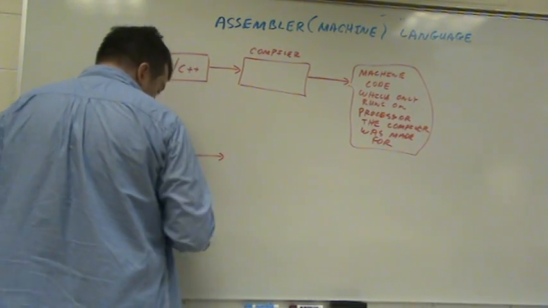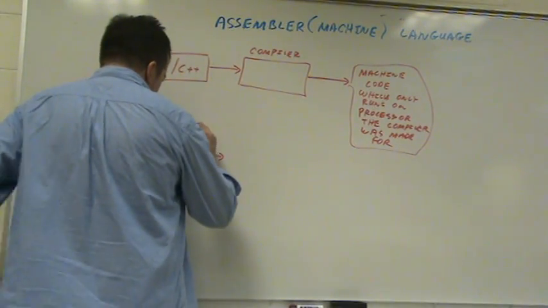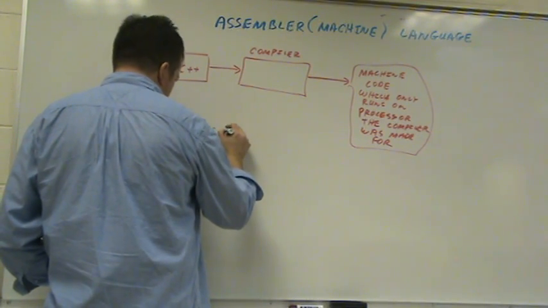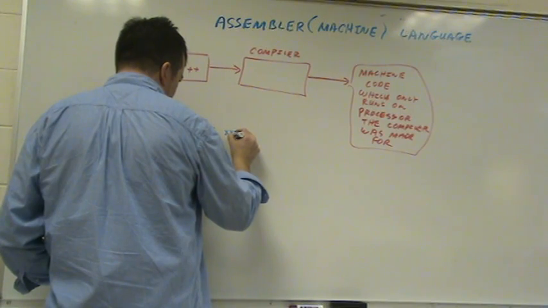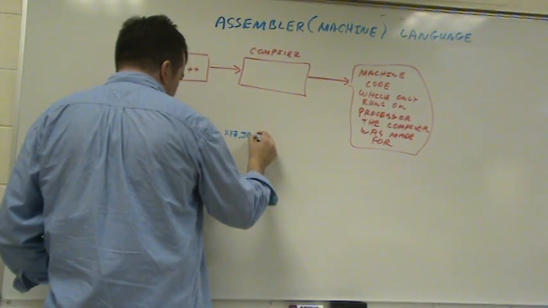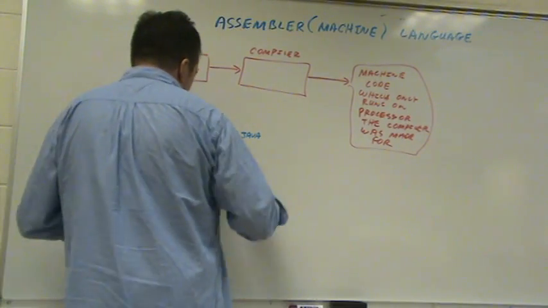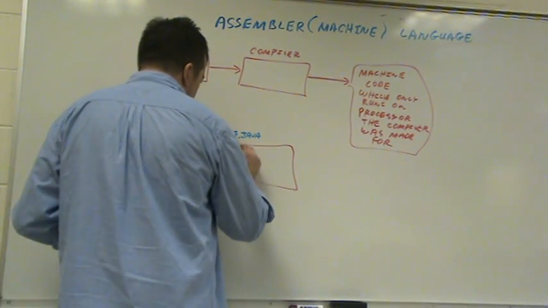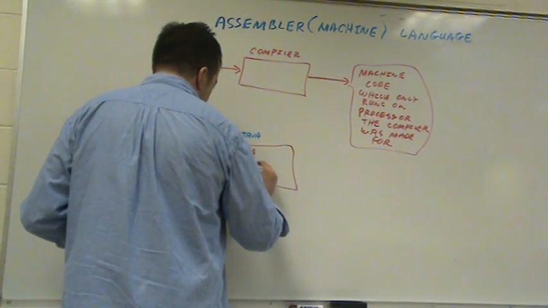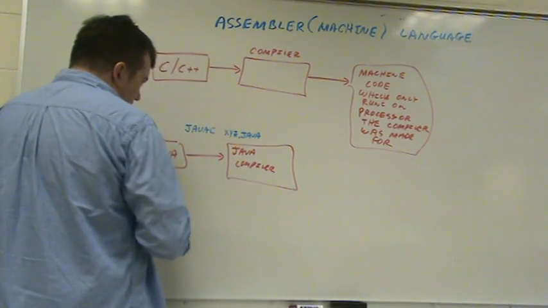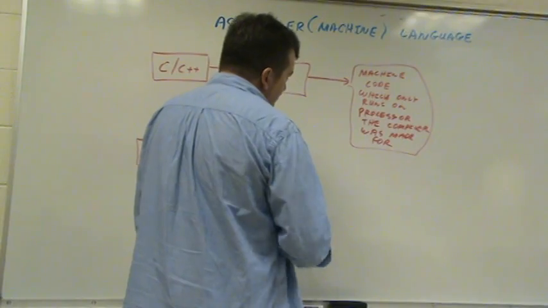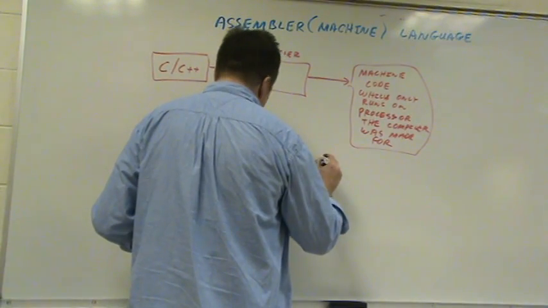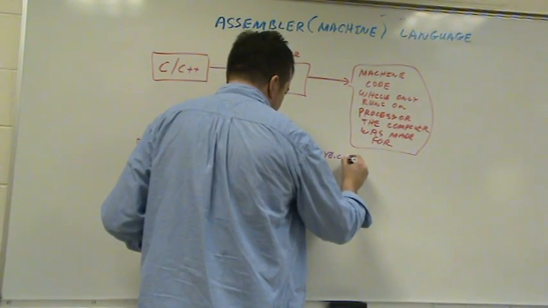When you run it through the Java compiler, and you say javac and then your file name, xyz.java, the result the Java compiler creates is zeros and ones, but it creates a class file like xyz.class.